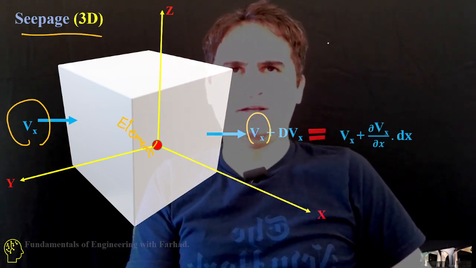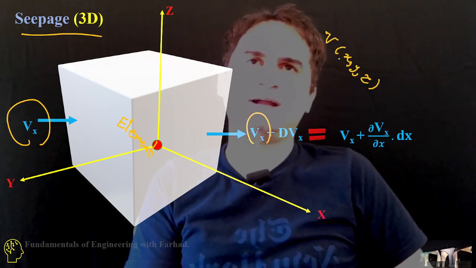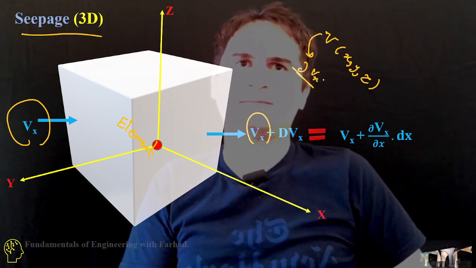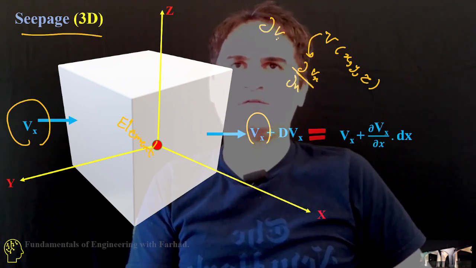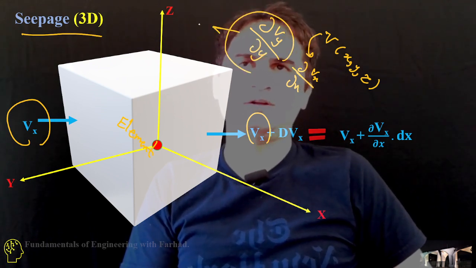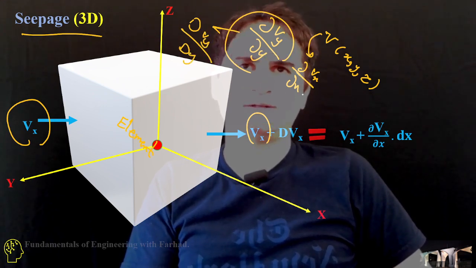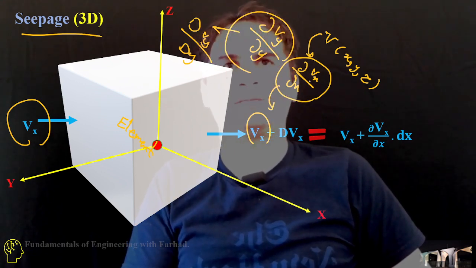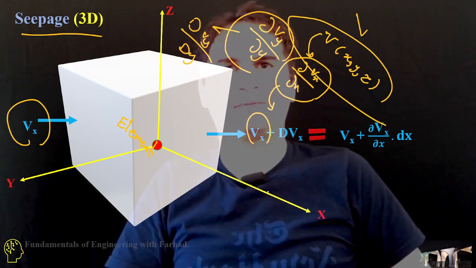Because we have a function based on x, y, z, the derivation is a partial derivation of, for example, vx over x, partial derivation of vy over y, and so on. They are partial derivations because we have a function based on different parameters x, y, z.